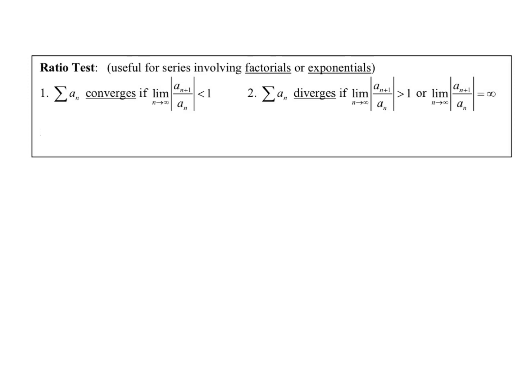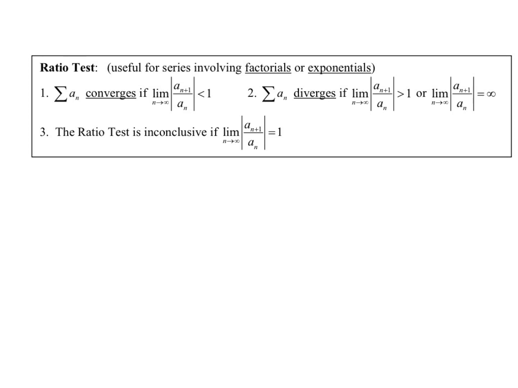We have an inconclusive situation if it actually equals 1. Then the ratio test doesn't tell us anything about convergence or divergence. You'll have to use a different test to figure that out. Those are the three different cases of the ratio test, and we'll go through some examples.